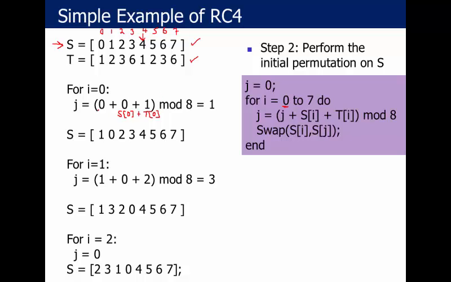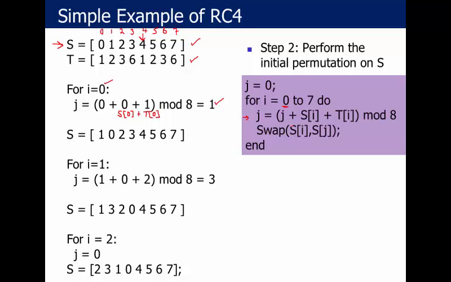So add them up, which is 1. 1 mod 8 equals 1. So I is still 0, but J is reset to 1. So that is done here.